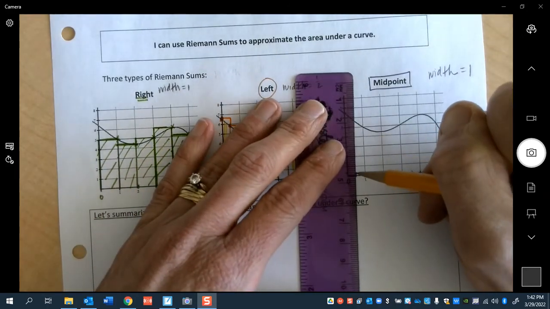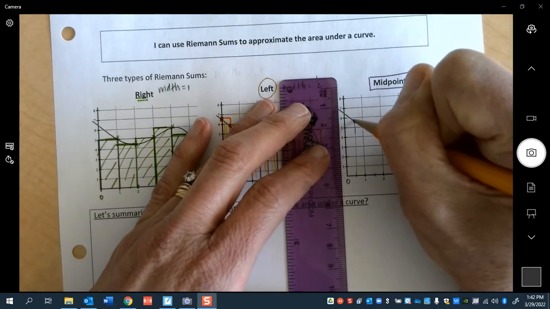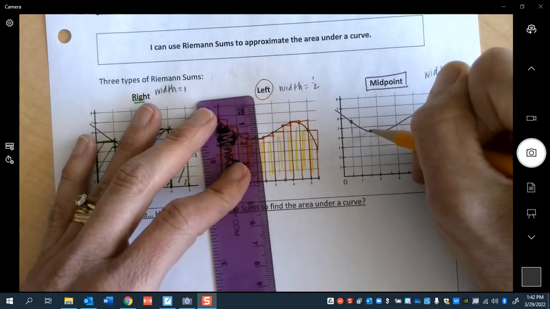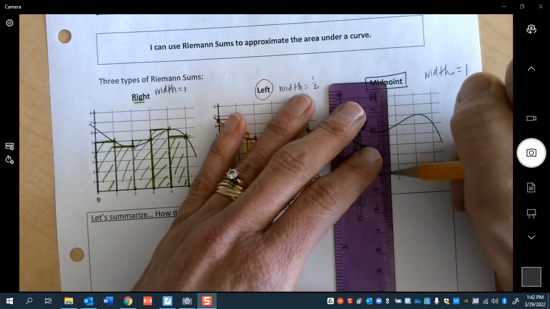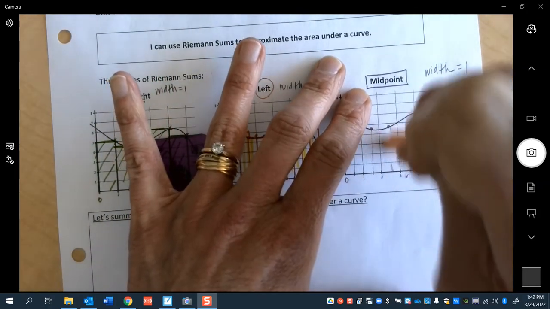And I still want you in a light pencil marking where that midpoint of the interval hits the graph. I'm a bit off on this.